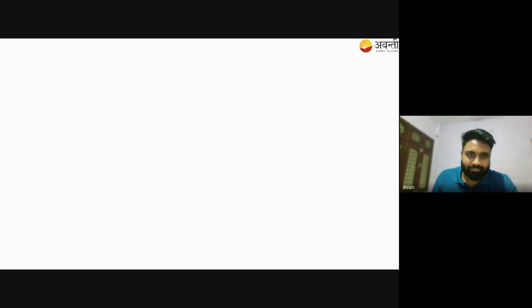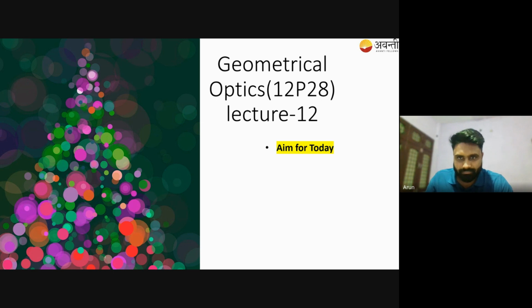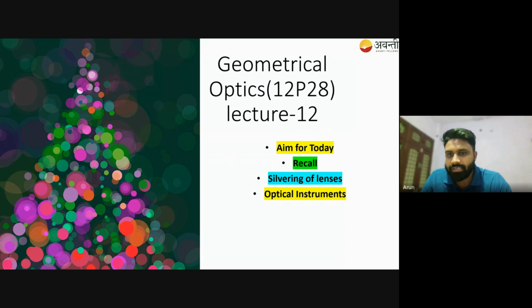So here we are with our lecture number 12. Now what is the aim for today? Firstly, we will recall some concepts that we learned in the previous lecture. Then we have to do silvering of lenses. Then we are deep diving into optical instruments, what kind of optical instruments we use nowadays and how they work, their ray diagrams, and the magnification power specifically.